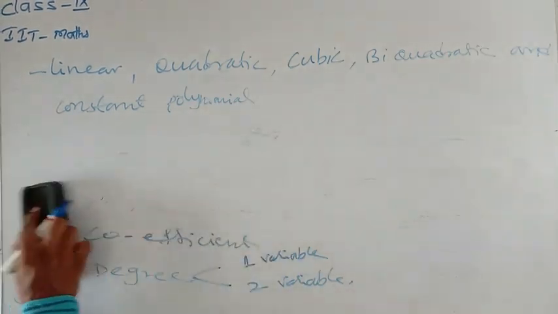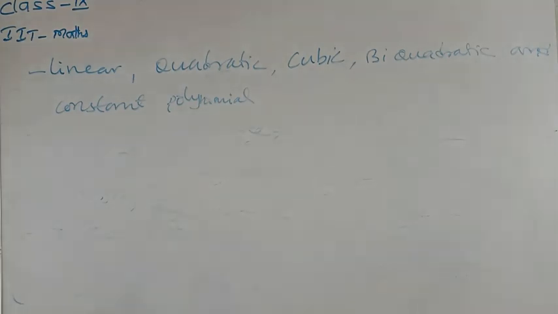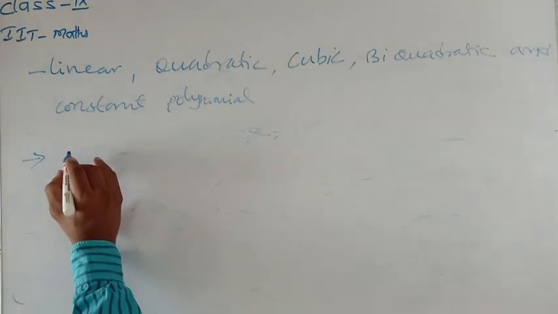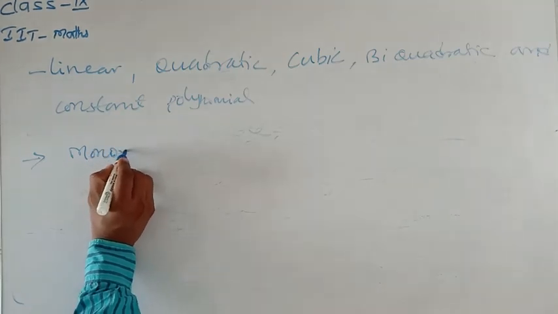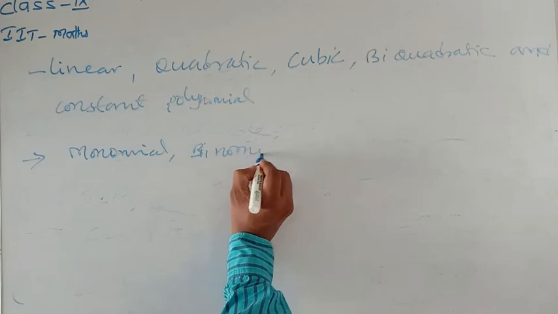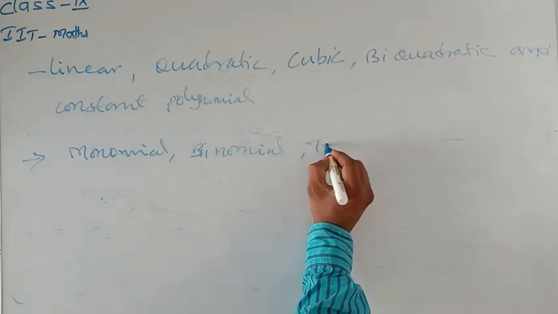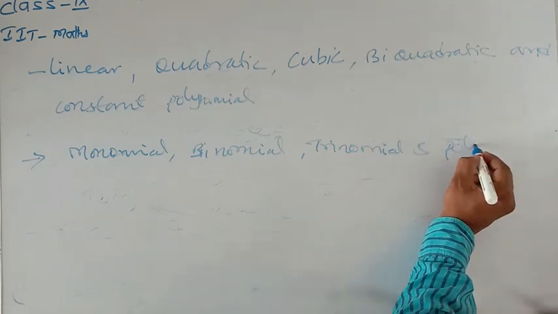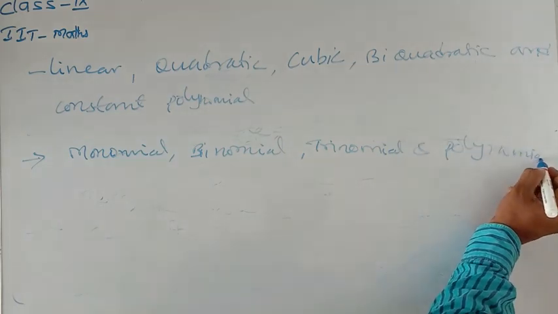Lastly, we discussed the types of polynomials with respect to terms, that is monomial, binomial, trinomial and polynomial.